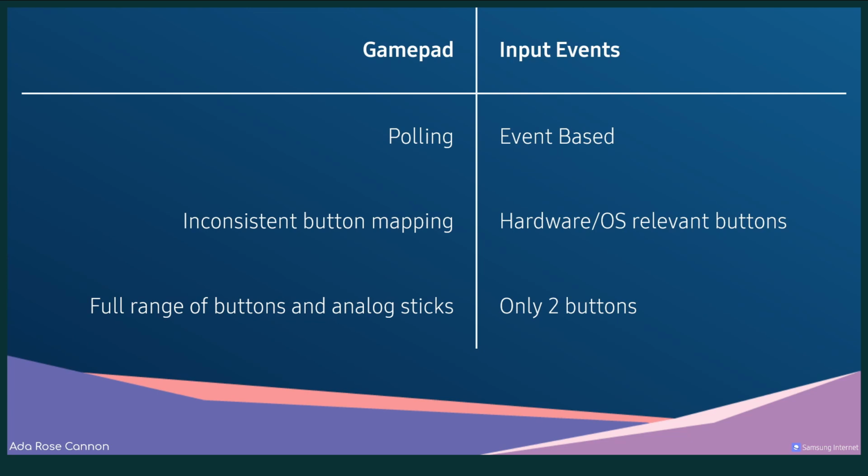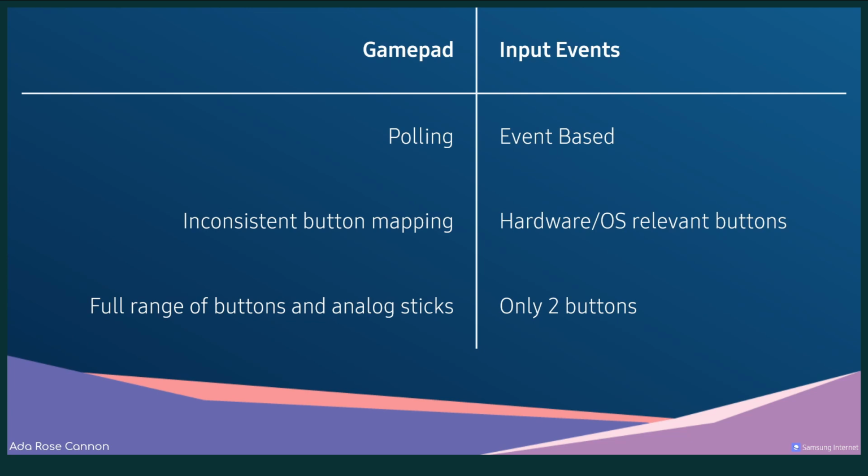Whereas the select and squeeze events from the WebXR device API only give you access to those two buttons, whichever one corresponds to the squeeze and whichever one corresponds to the select, which may vary between controllers through the gamepad API, but you know you'll always have the correct one if you use the events.